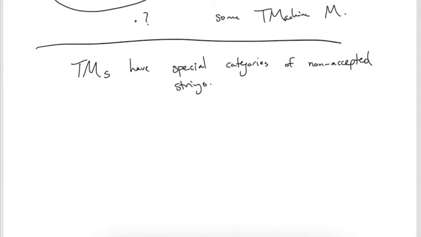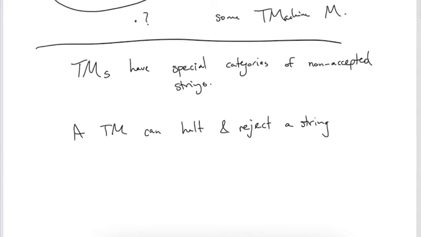Sometimes a string is not accepted because the machine stops because it doesn't have an appropriate arrow, and that's usually what we see on the Turing machines that we've done. So a Turing machine can halt and reject some string. This happens if there's just no outgoing arrow from the state that it's in when it tries to read the next appropriate letter.